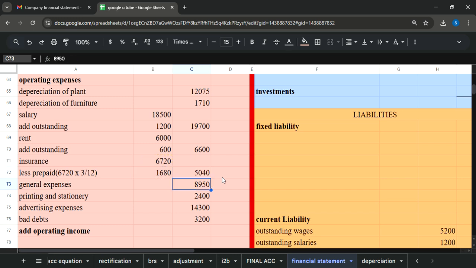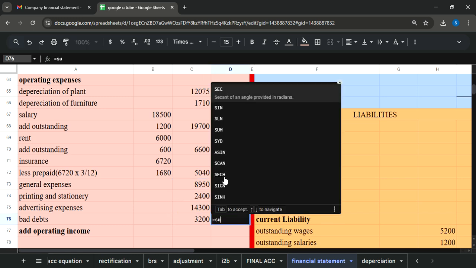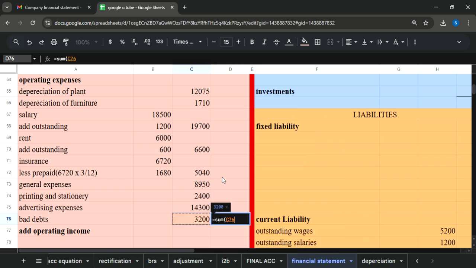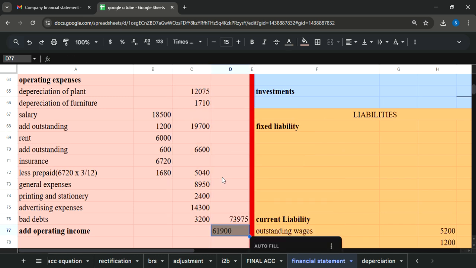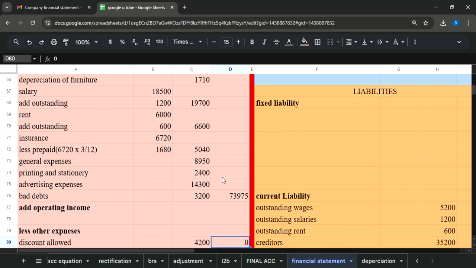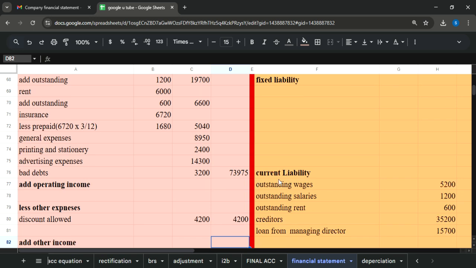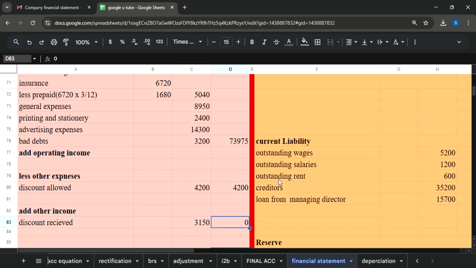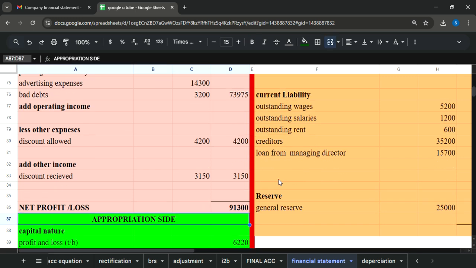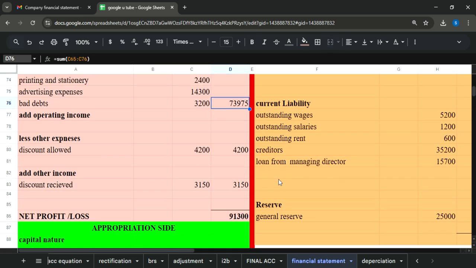It means list of operating expenses is ready and you can take sum of all operating expenses to get total. Alright guys, operating expenses completed and we have only one other expense, one other income, and there is no operating income. So you may mention 0 over here.